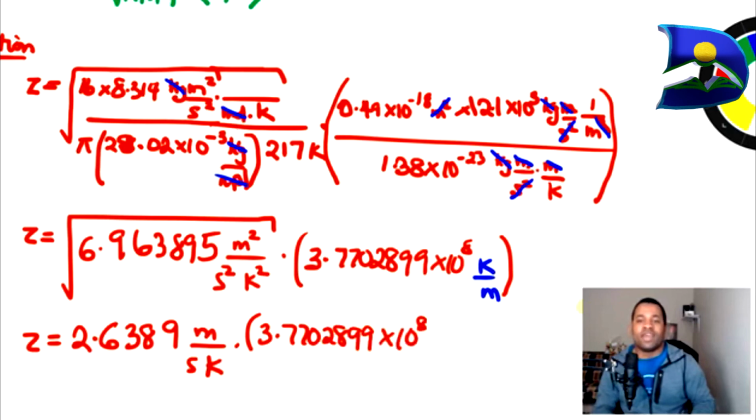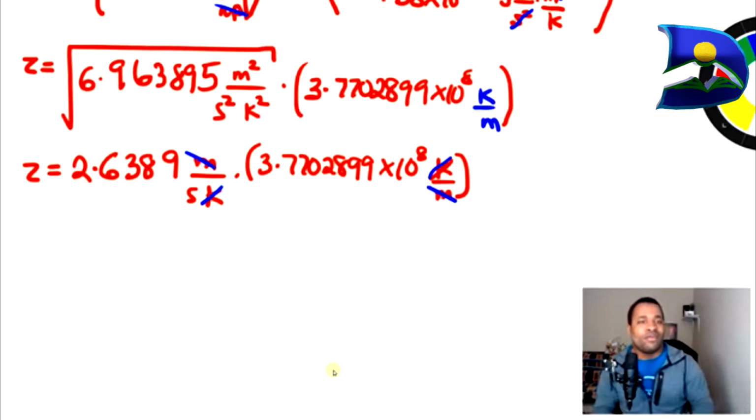Take note that this is measured in kelvins per meter. Therefore we're going to cancel out various things, for example our kelvins. Yes, our kelvins cancels and our meters cancels, and we're left with our units to be in seconds to the power of -1.